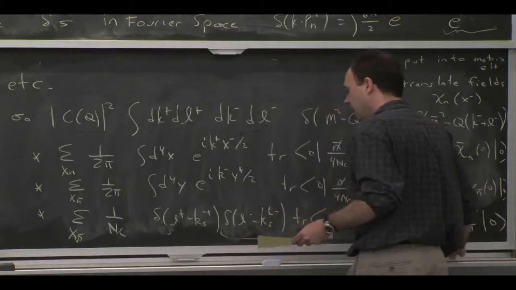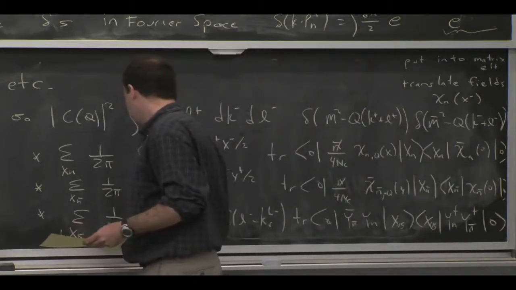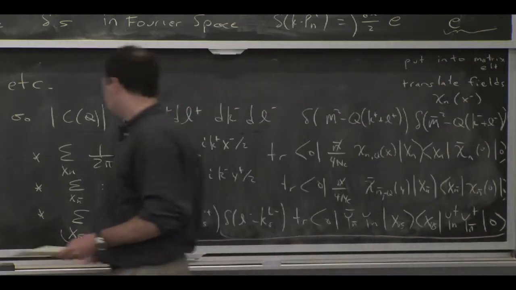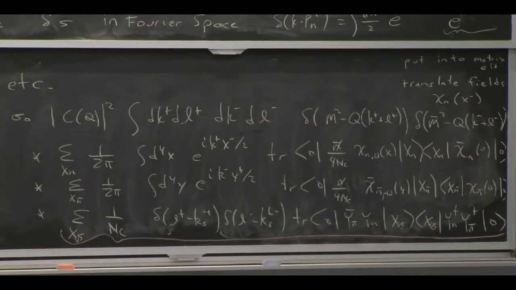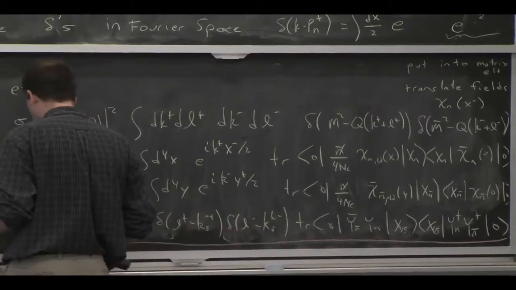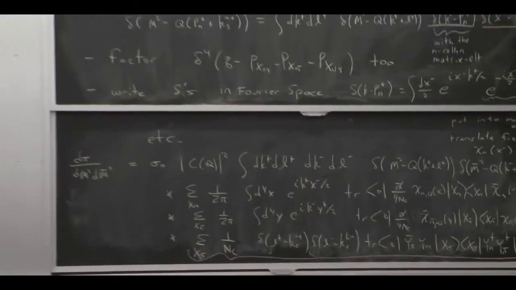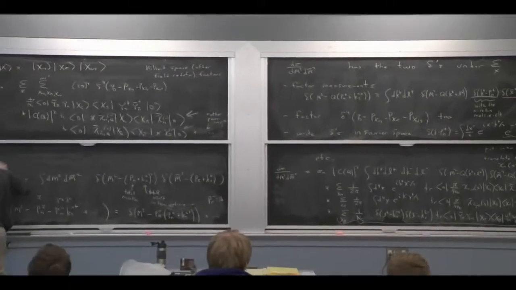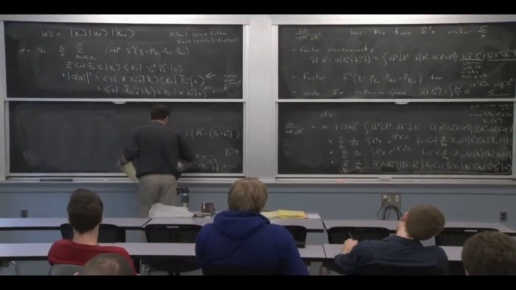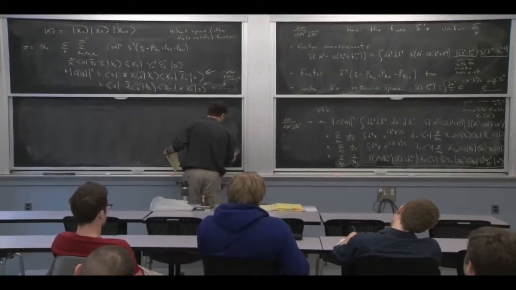So this last guy, if you think about what this matrix element is, it's just some function. We sum over all x of this, so we sum over all the intermediate states. The only thing we're fixing are L plus and L minus. So when we sum over states, we actually integrate over the momentum of particles in the state. You can think of those as different states.